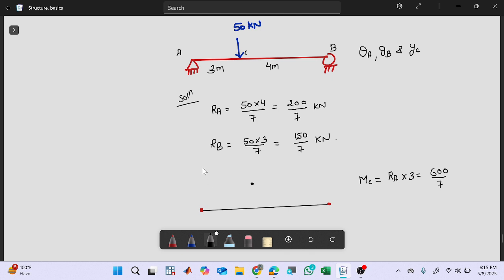As there is no load between A and C and B and C, I will join them with a straight line, something like this. And here also I will connect like this. And this value right here is 600 by 7. Let's say that this was my 2EI, and this was my EI only.